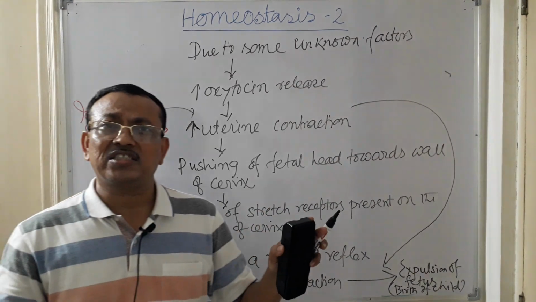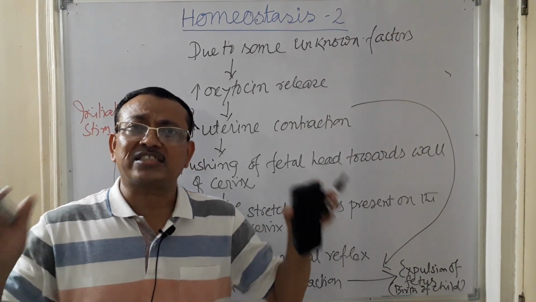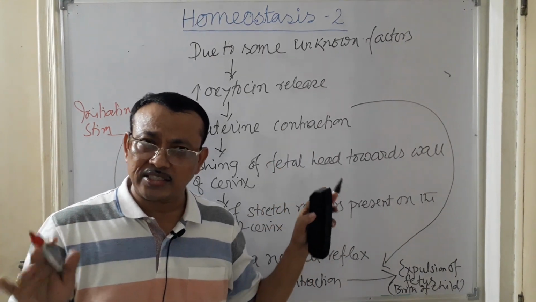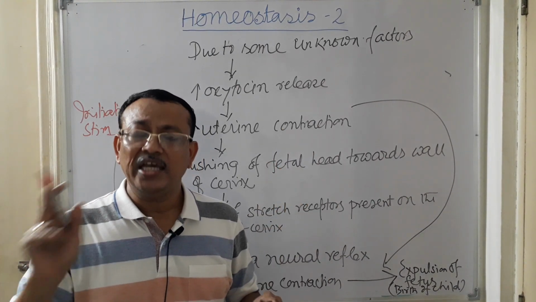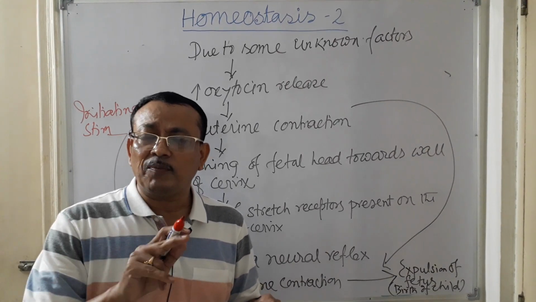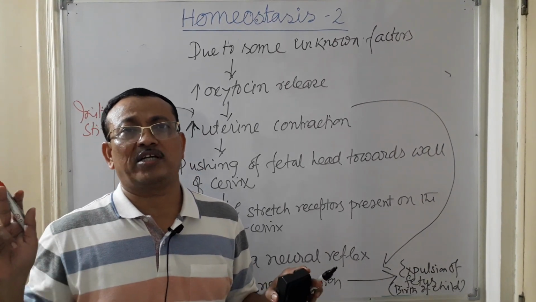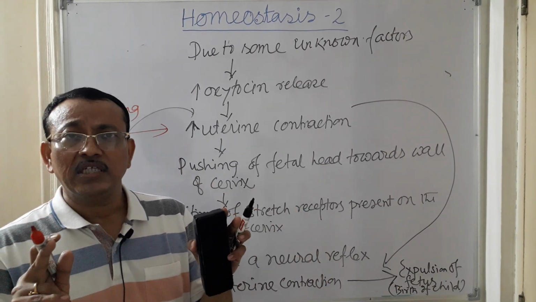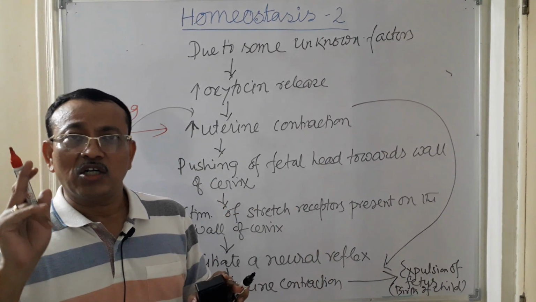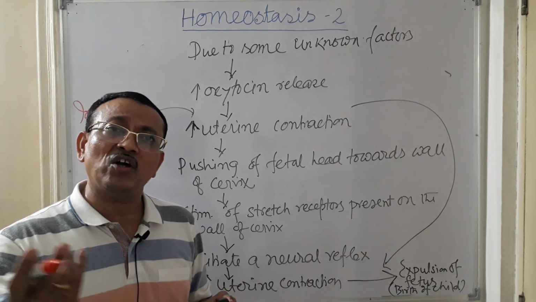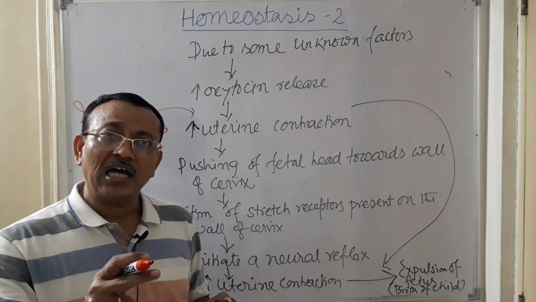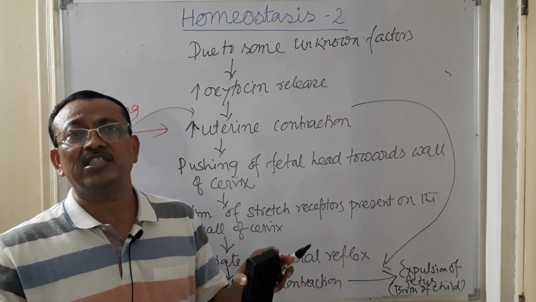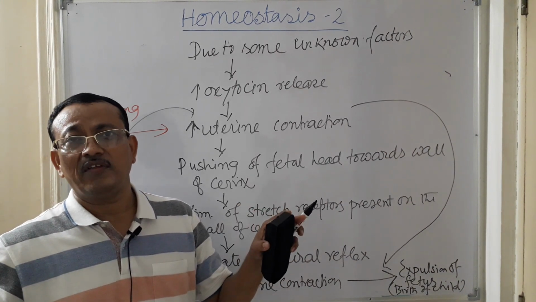In both the persons, both the mechanisms are started simultaneously. In the first person also, negative feedback mechanism plus positive feedback mechanism. In the second person also, negative feedback mechanism plus positive feedback mechanism. So depending on which mechanism is dominating the other, the homeostasis will either be maintained or deteriorated.